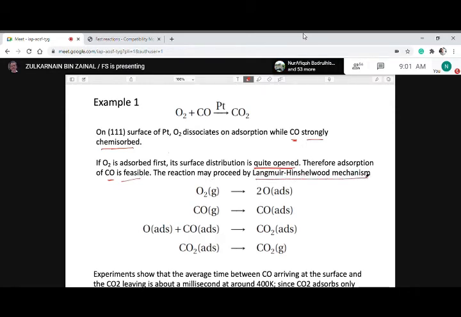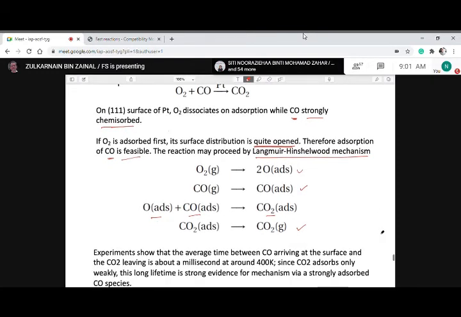Langmuir-Hinshelwood mechanism. If the reaction is through the Langmuir-Hinshelwood mechanism, we have oxygen gas absorbed on the surface, and at the same time dissociating to oxygen atoms, and carbon monoxide also absorbed on the surface, right? Then both the oxygen atoms and the carbon monoxide react to form carbon dioxide, and then carbon dioxide is released from the surface.